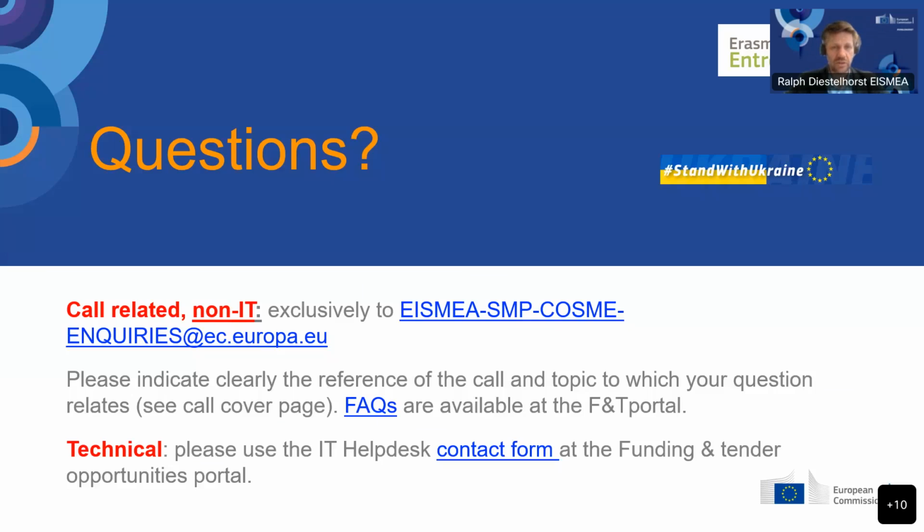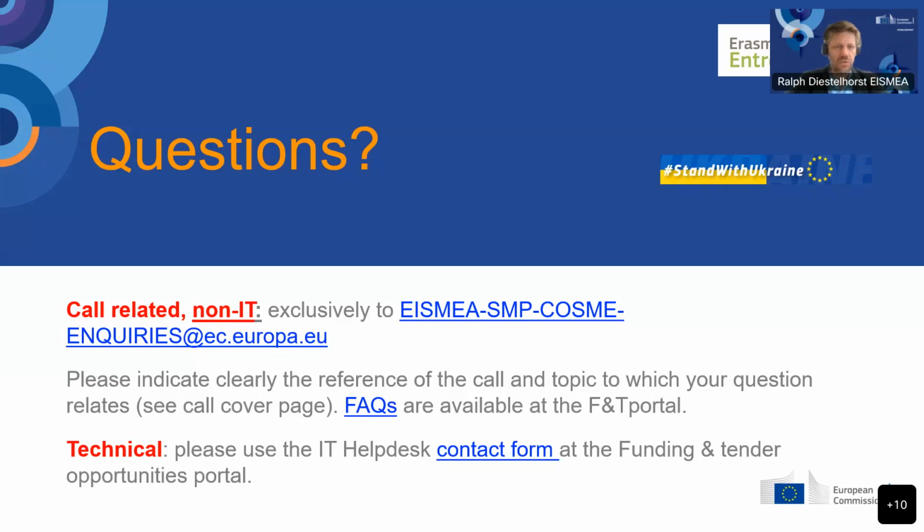Once we have received the questions, if it's not already answered, we will produce an FAQ to that, and this FAQ, and here you see it hyperlinked, is available on the Funding and Tenders portal under this very Erasmus for Young Entrepreneurs call for proposals. If you have technical obstacles, some technical challenges, there's unfortunately at this moment only one way how we can help you.